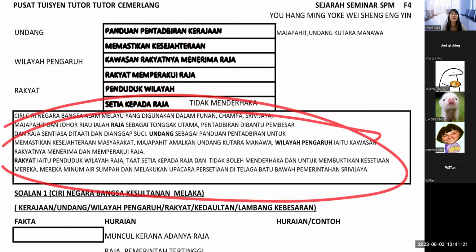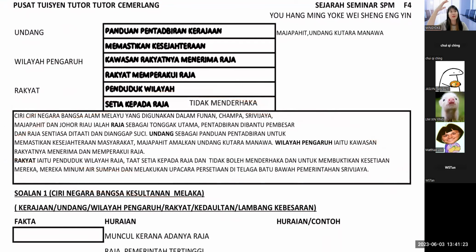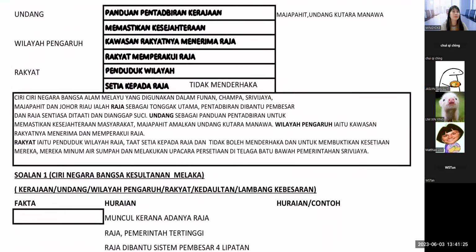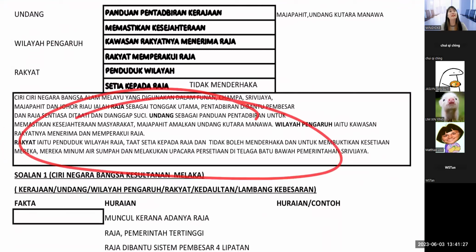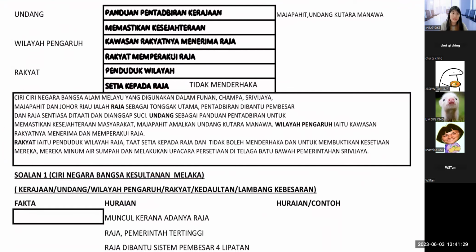So, for example, the whole essay answer, you read through again. You see, in essay, you have to copy back the kepala soalan, right? So then you write back, ciri-ciri negara bangsa kerajaan alam Melayu adalah raja sebagai tonggak utama.